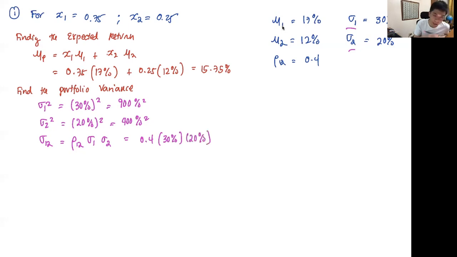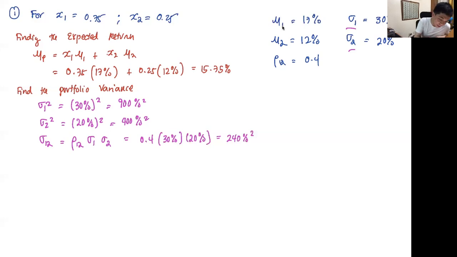So 0.4 times 30% times 20% leaves us with a covariance of 240% squared. But of course, that is not your portfolio variance yet.